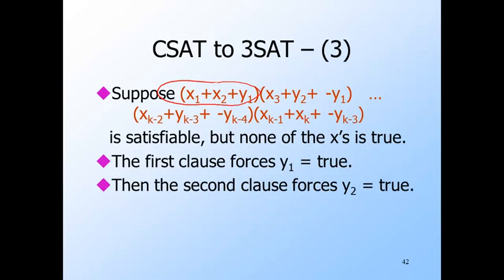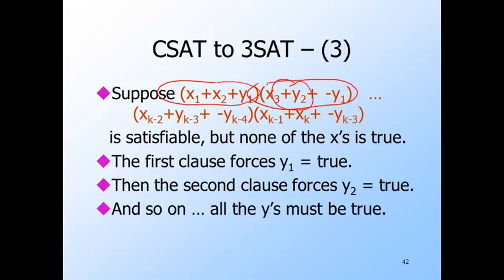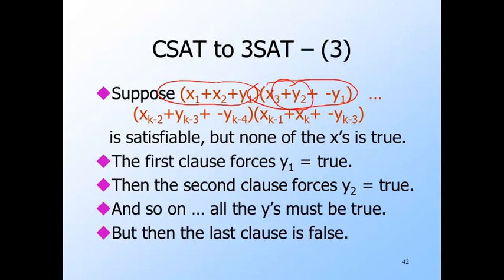And then the second clause says that since x sub 3 is false and not y sub 1 is already known to be false because we had to make y1 true, that means that y2 must be true. We can reason the same way to show that all the y's are true. But then the last clause, this, which has only false x's and a negated y, must be false.